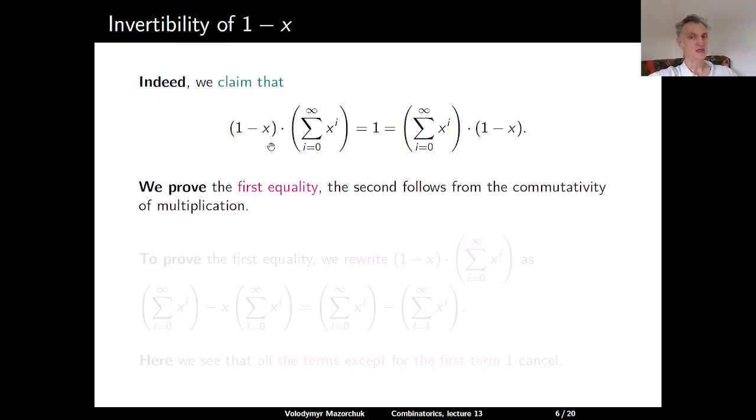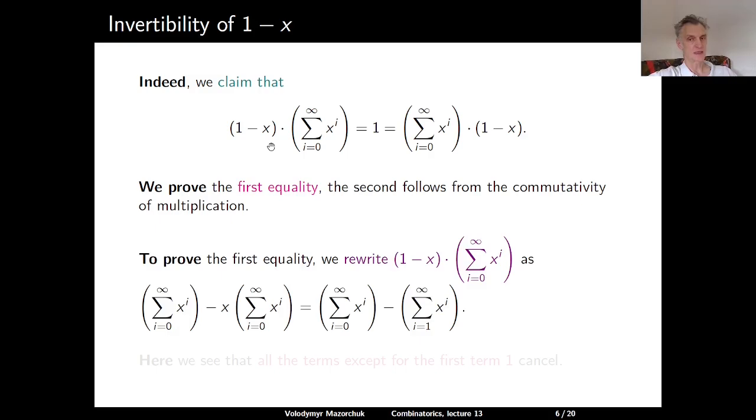Well, the multiplication is clearly commutative, so it's enough to prove one of these equalities. So let's check the left equality. To prove that 1 minus x times the sum over i of x to the power i is equal to 1, we rewrite the left-hand side using distributivity. So we get the sum over i of x to the power i minus x times the sum over i of x to the power i.